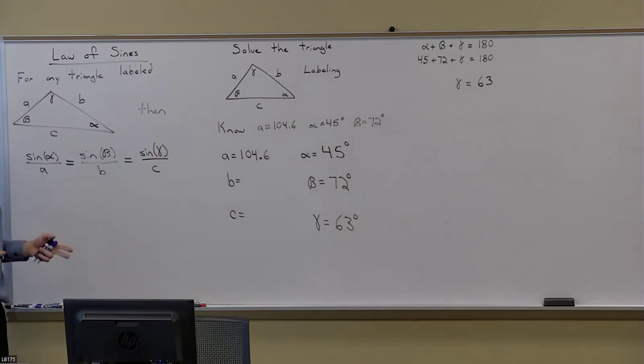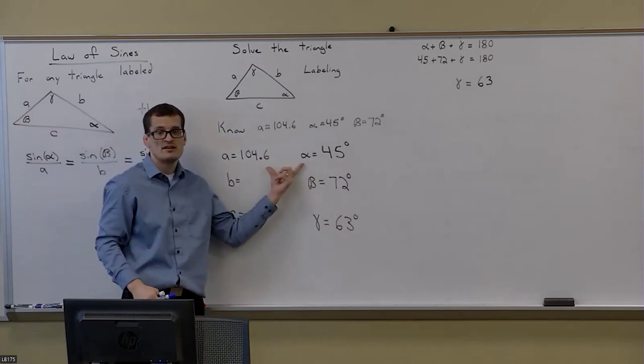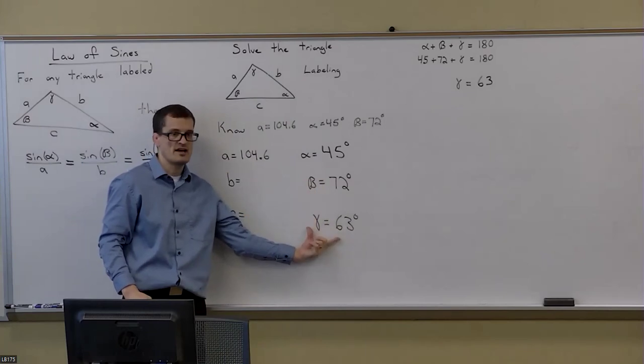And then we're in a really good spot, because now I have A and alpha, that's one of my ratios. And then I have a beta, and then I have a gamma.